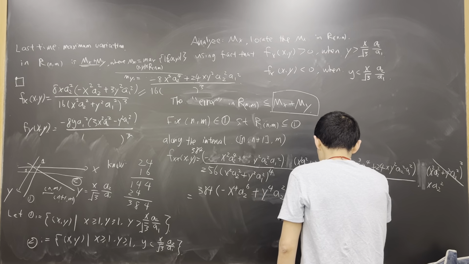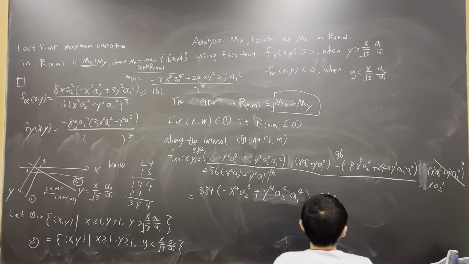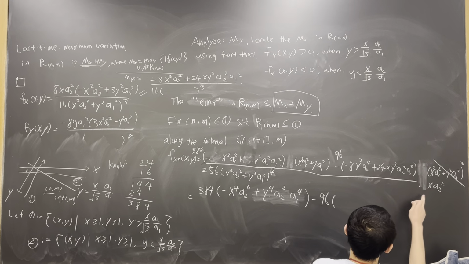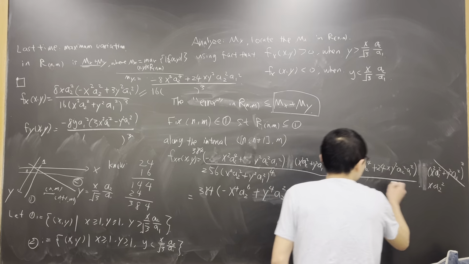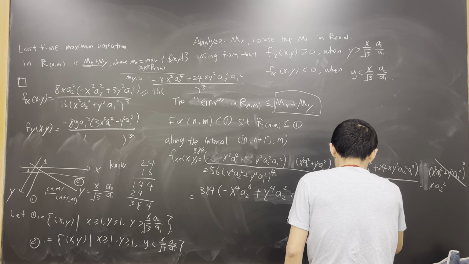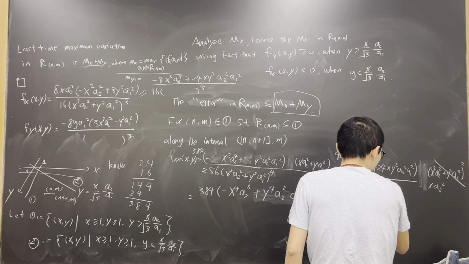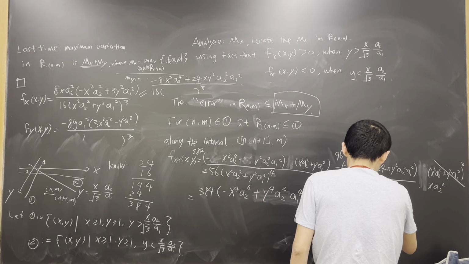Okay, let's do this. Times, so this x being multiplied inside. Okay, so negative 8 x to the fourth power a2 to the fourth power.